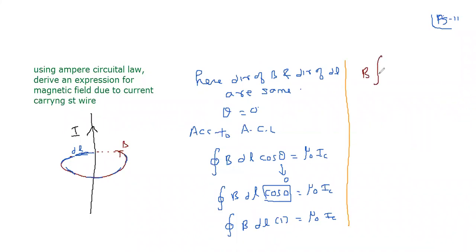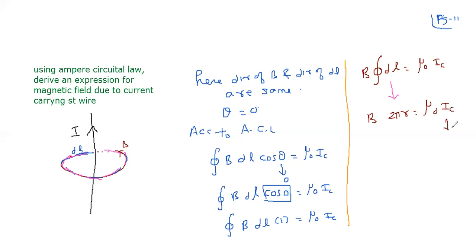B integral of dl equal to mu naught IC. Here what is dl? Length of the loop. Here this is one length dl, dl, dl, and so on. If I add all the dl, what am I getting? Circumference 2 pi r. So B into 2 pi r is equal to mu naught IC.